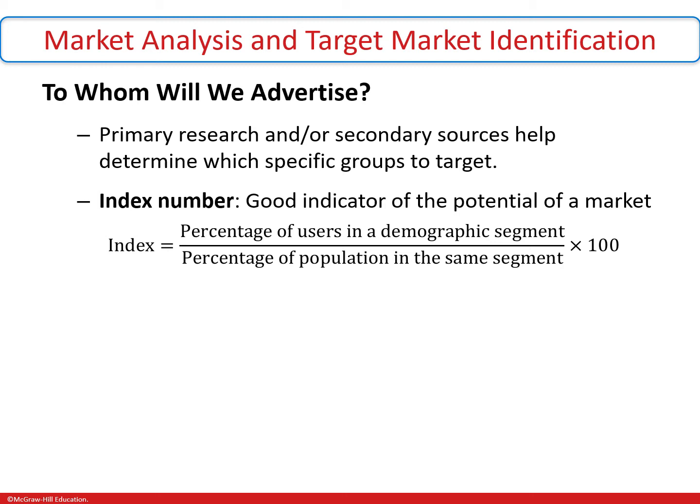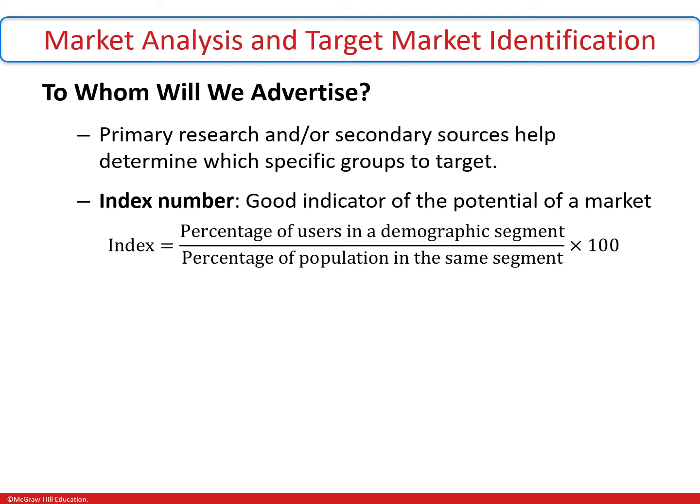So what we do here is to look at the index number, and to calculate it, as you can see, you look at the percentage of users in a demographic segment, you look at the percentage of the population in that same segment, and you multiply that by 100.